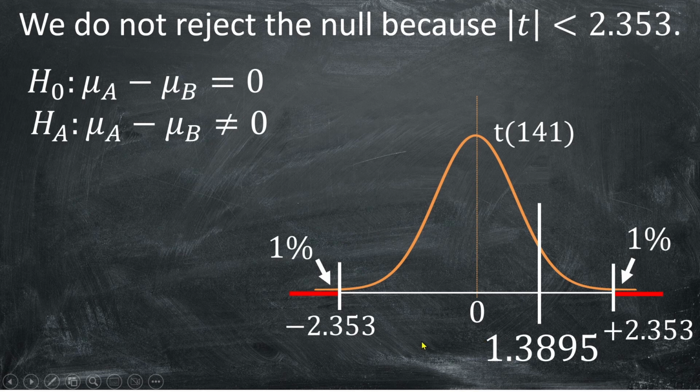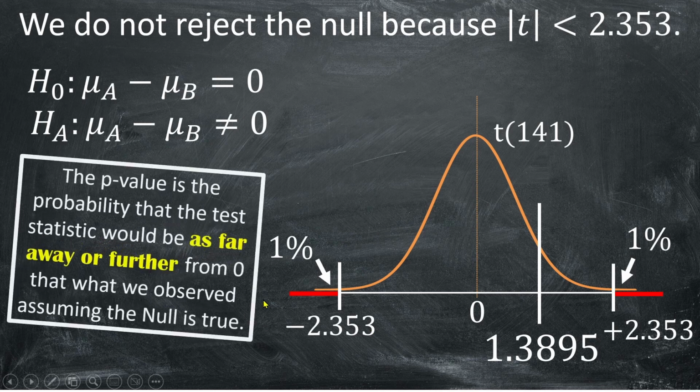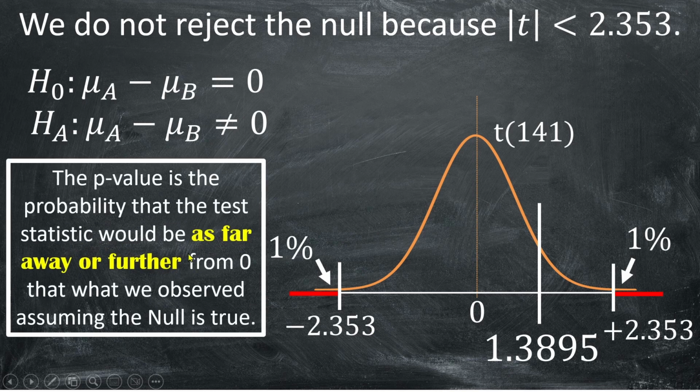One thing I want to review here is the concept of a p-value. Again, I know that the p-value concept is very difficult for a lot of students. So the idea is we're looking for the probability that the test statistic would be as far away or further from 0 than what we observed if the null is true.